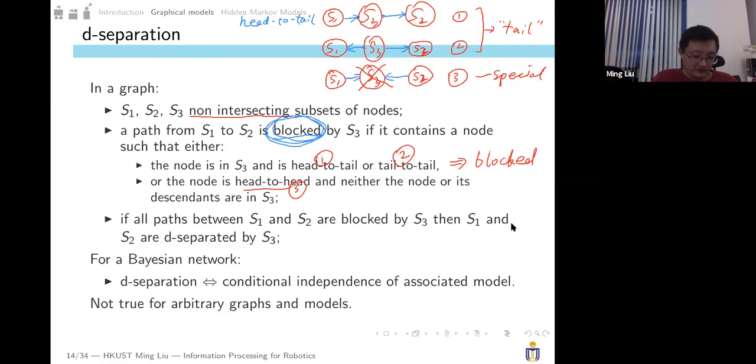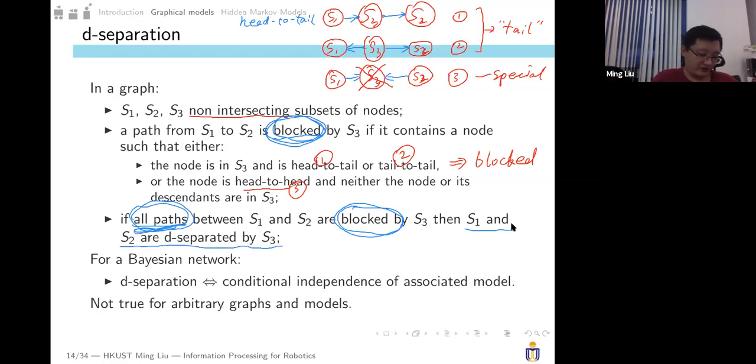Secondly, if all paths are blocked, then that means S1 and S2 are d-separated by S3.